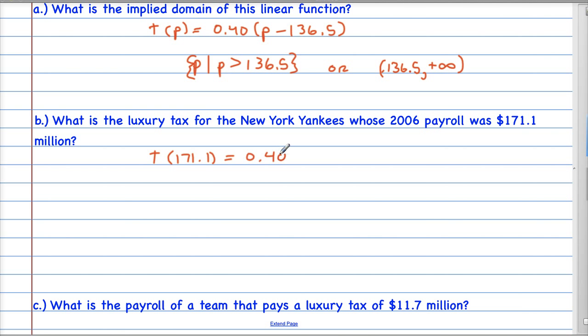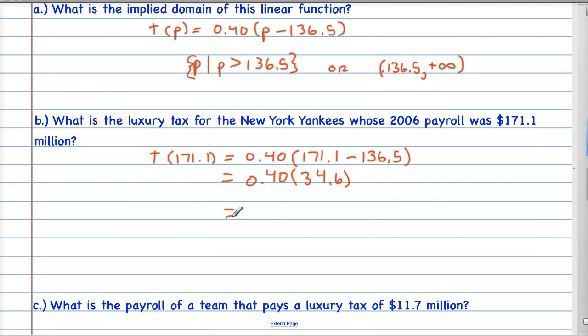I'm just going to plug that in here. So I have 0.40 times 171.1 minus 136.5, which is 34.6.